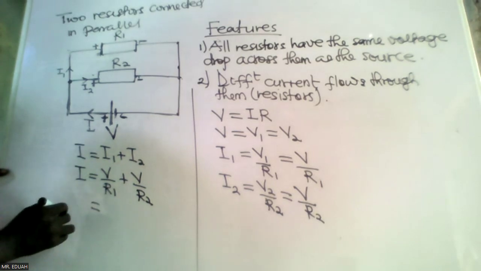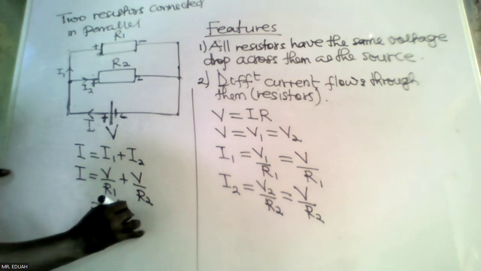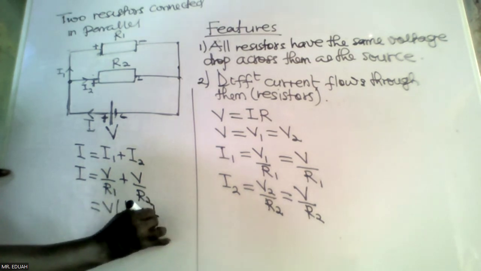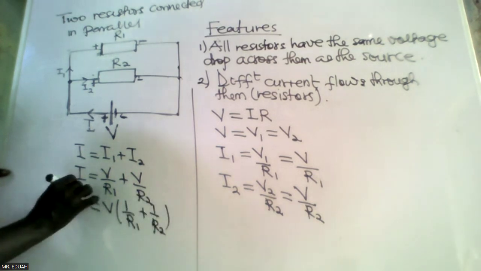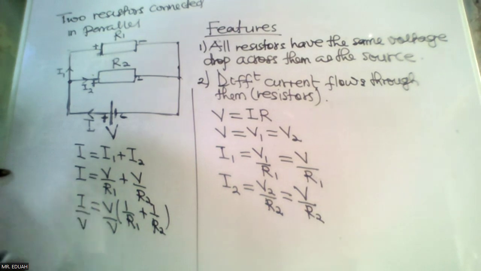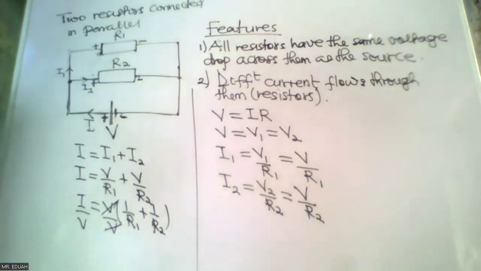Therefore, when we factorize out V, we have 1 over R1 plus 1 over R2. Let's divide through by V. When you divide through by V, what do you have? What is I on V? From Ohm's law, what is I on V?